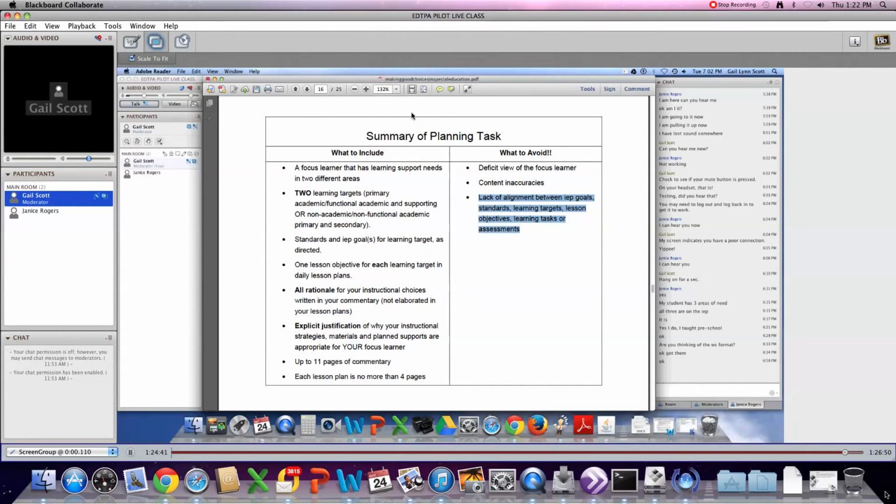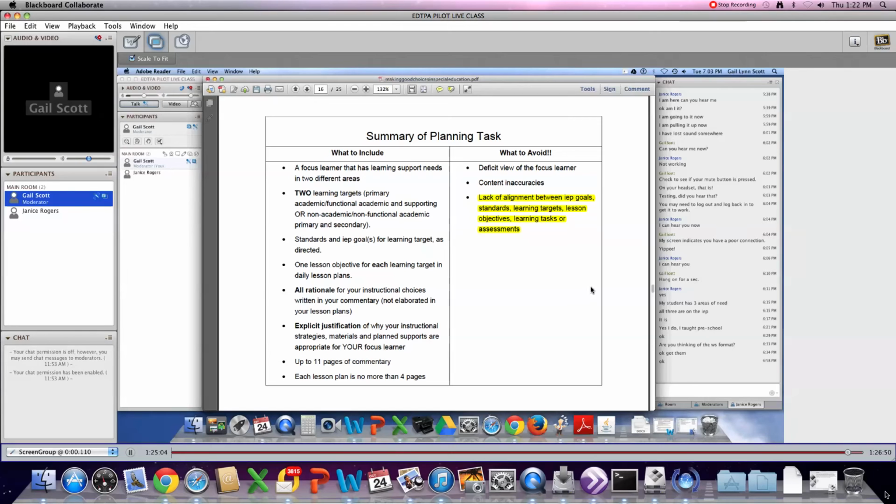Don't talk about an IEP goal that talks about, and I had one student do this last year, it absolutely drove me bonkers. The IEP goal was about learning to add. The standard was on math numeration. The learning target was on sorting objects.